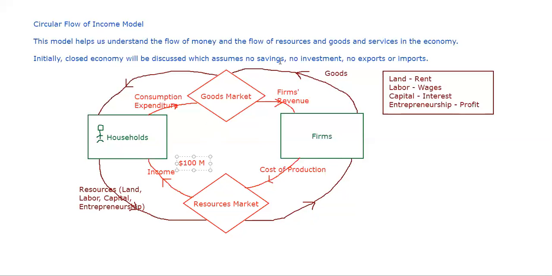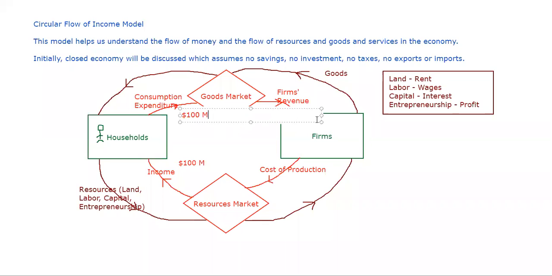They don't pay taxes. So let me add one part here, that there is no saving, no investment, no taxes, and no exports. So if people earn money, they don't save any of it, they don't pay any tax on that, and they don't spend money on imports, then all the money that they earn will be spent in the form of expenditure. Do you agree?